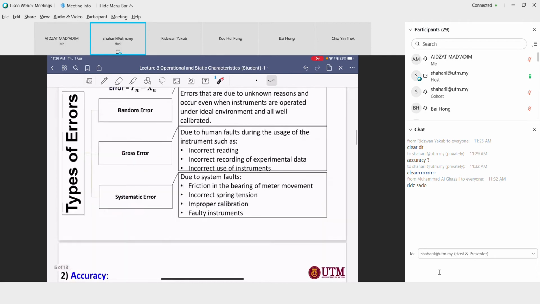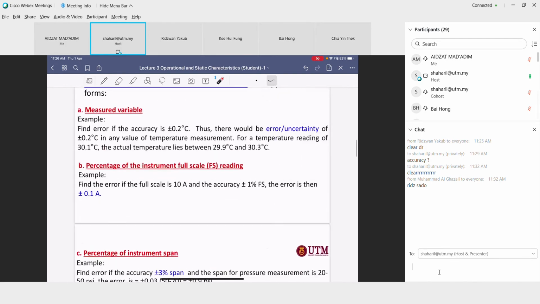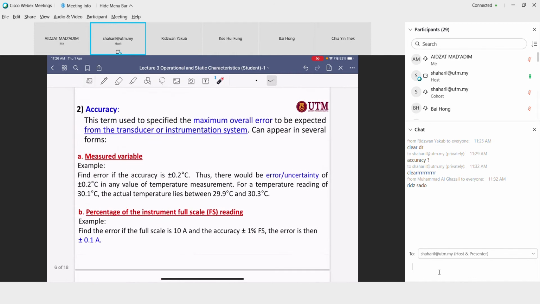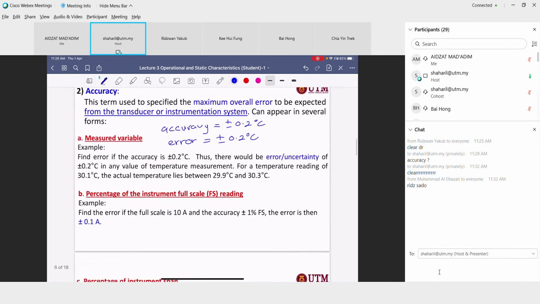If you see in that data sheet that accuracy is plus minus 0.2 degree, for example, then in order to find the error, error is equal to plus minus 0.2 degree. So you can straight away use the value from the accuracy as the error. Okay, so this is the example.